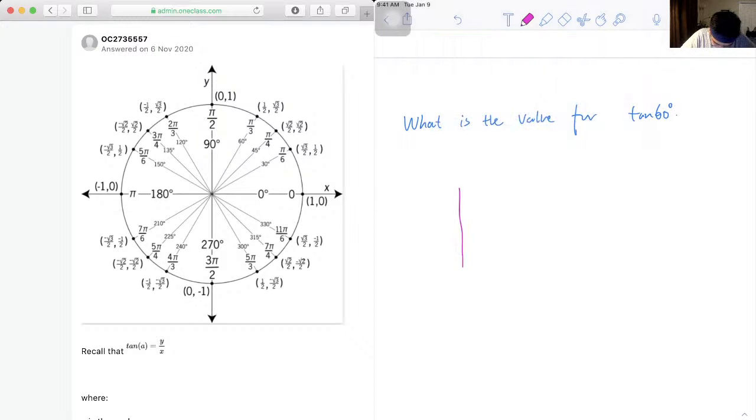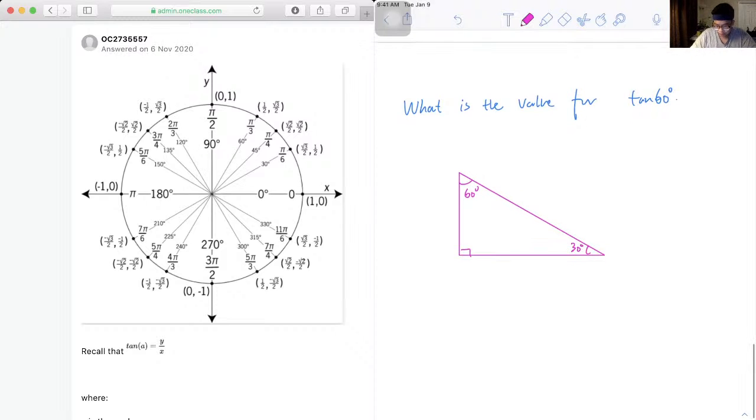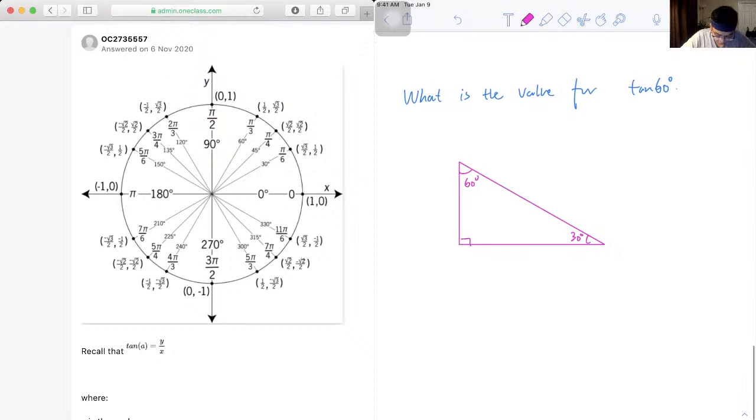create a special triangle with one of its interior angles being 60 degrees. Okay, so that's 60, and that's a right triangle, so therefore the other angle would be 30. Okay, and let's call this ABC. And the sides are going to be little a, little b, and little c.